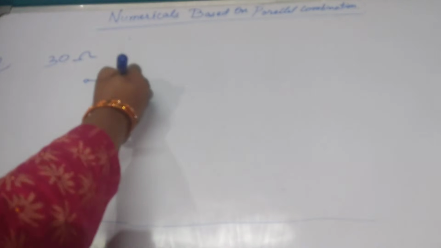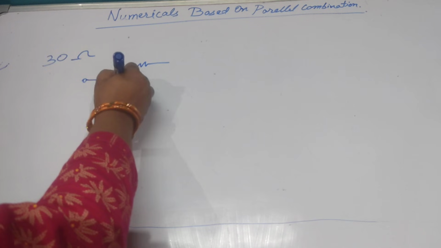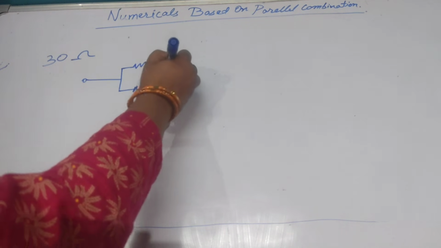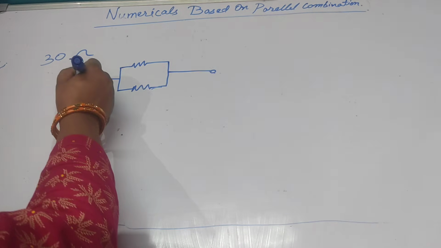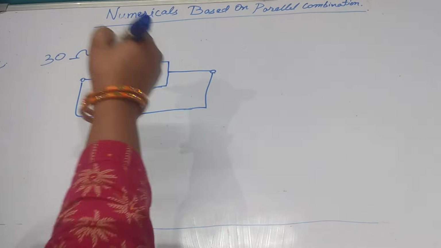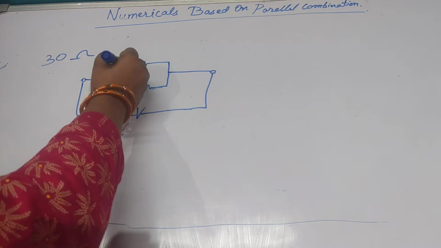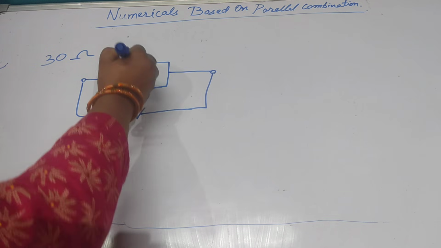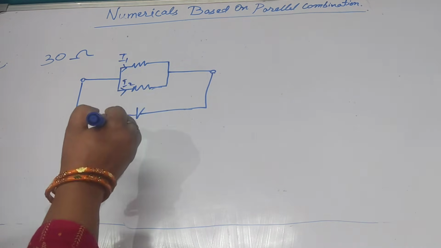How we'll do it? Let's see. These diagrams are too common in parallel combination. This is denoted as I1, this is I2.